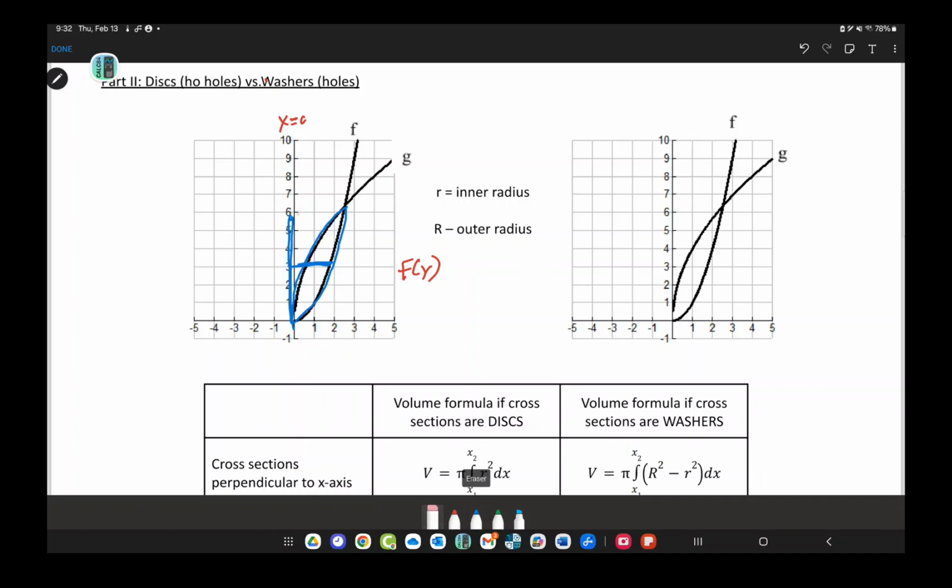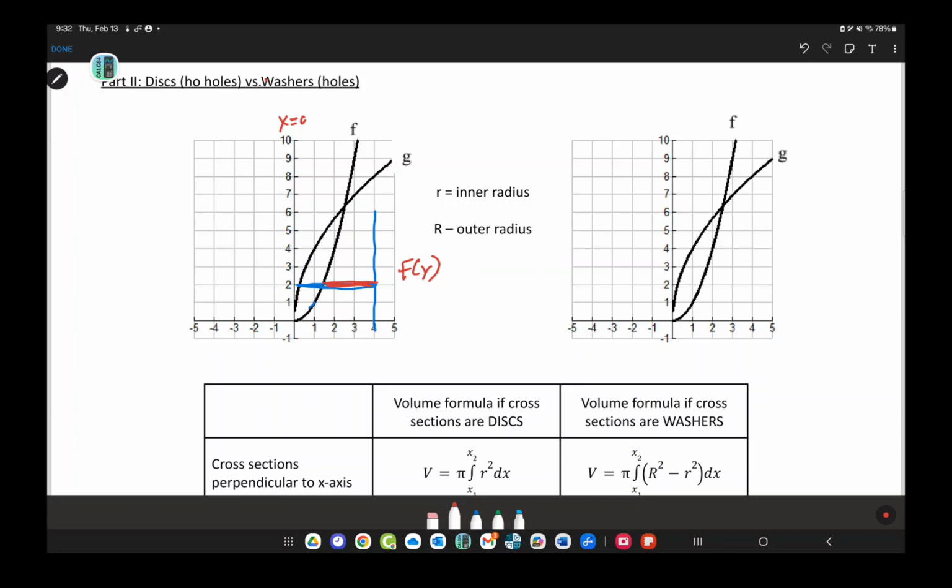Because again, the real fun starts when I'm not rotating around an axis. What if I'm rotating around x equals 4? In that case, what is this radius here? 4, right? So that'd be 4 minus g of y. What would this radius be? Oh wait, I misinterpreted there.